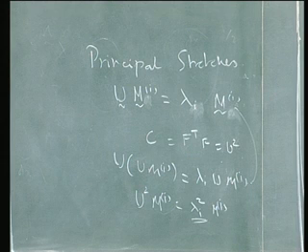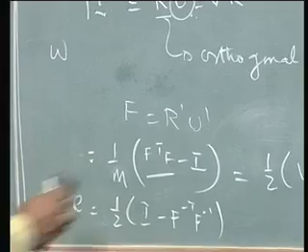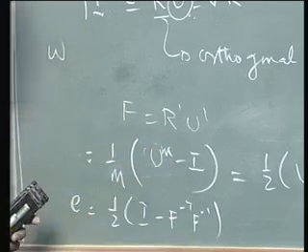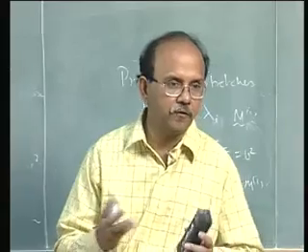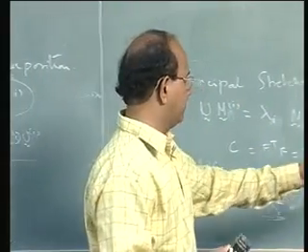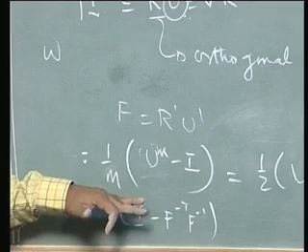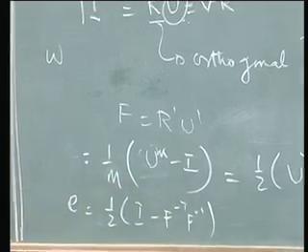In fact, I should have mentioned that a general way of defining strains is by 1 by m, U to the power m minus I, where m takes different values. For example, when m takes a value of 2, this reduces to our well known Cauchy-Green strain.